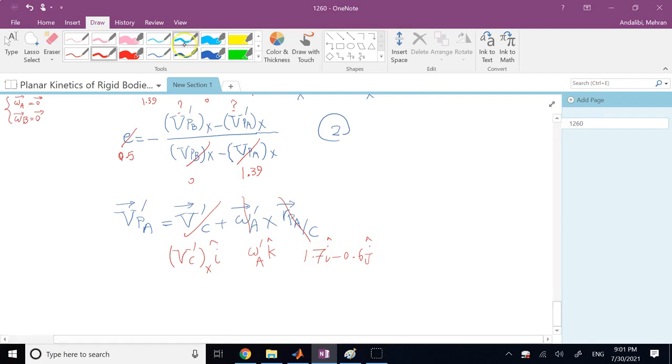Right? And now, if you expand it, carry out the cross product and expand it, you will get what?